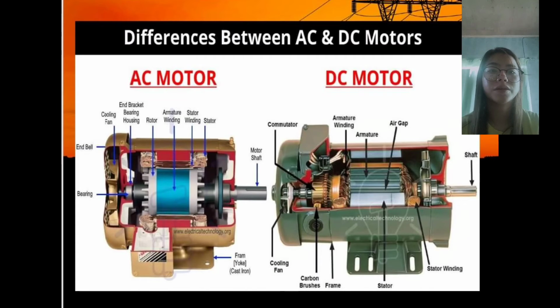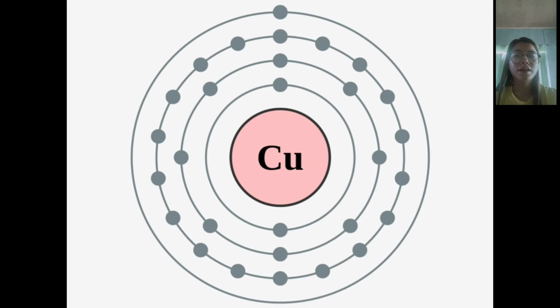AC motors are available in single or three-phase configuration, while the DC motors are always single phase. The three conductors of electricity are silver, copper, aluminum.